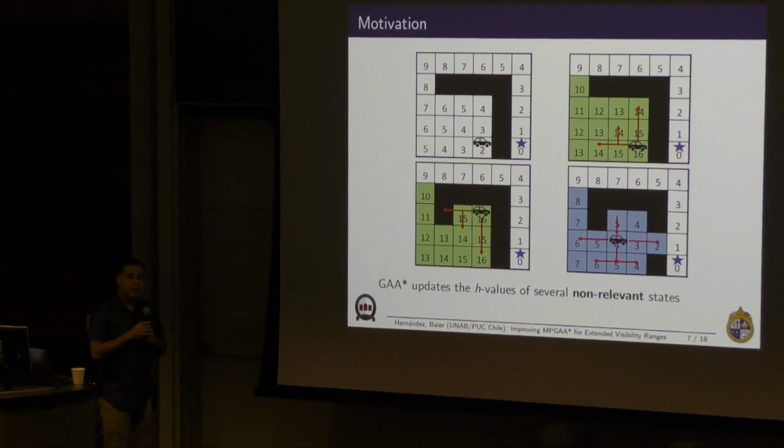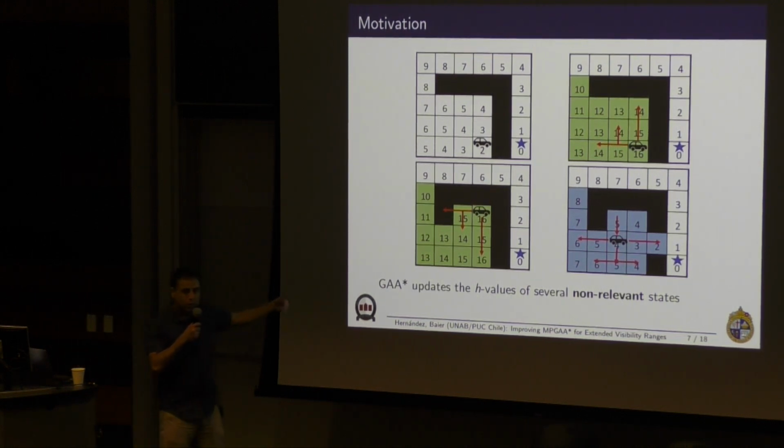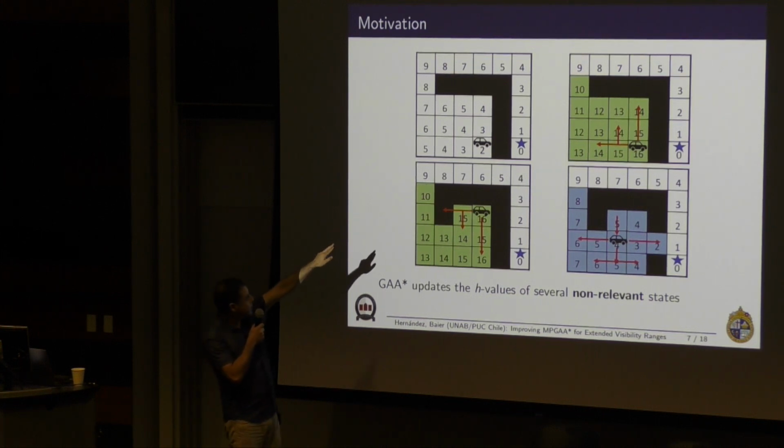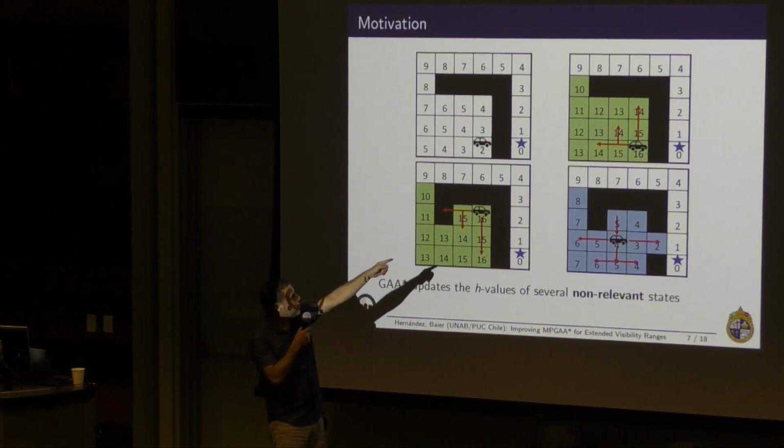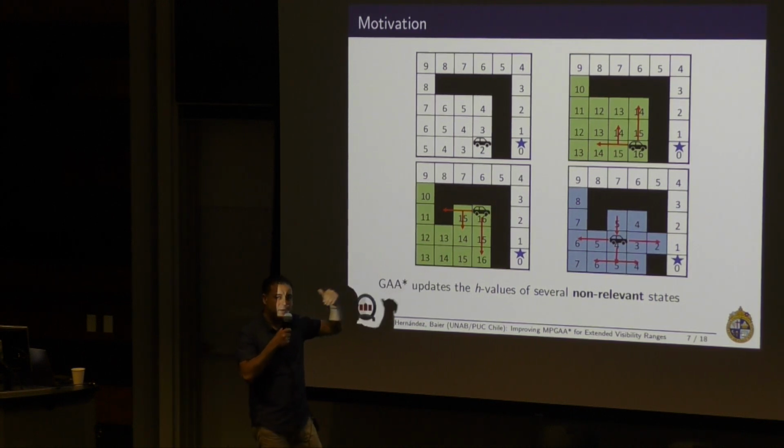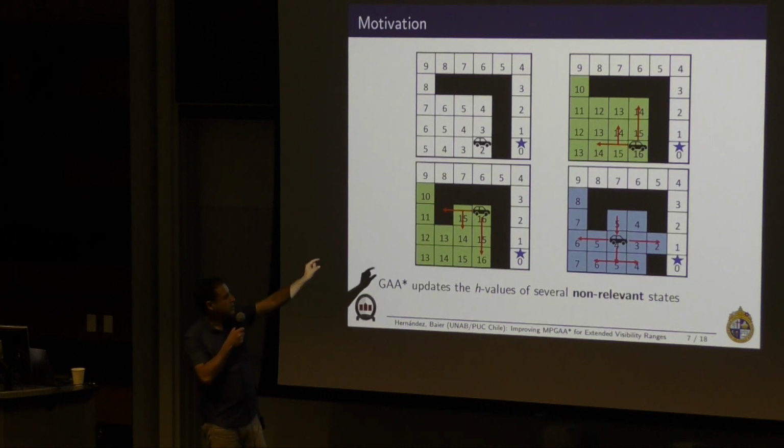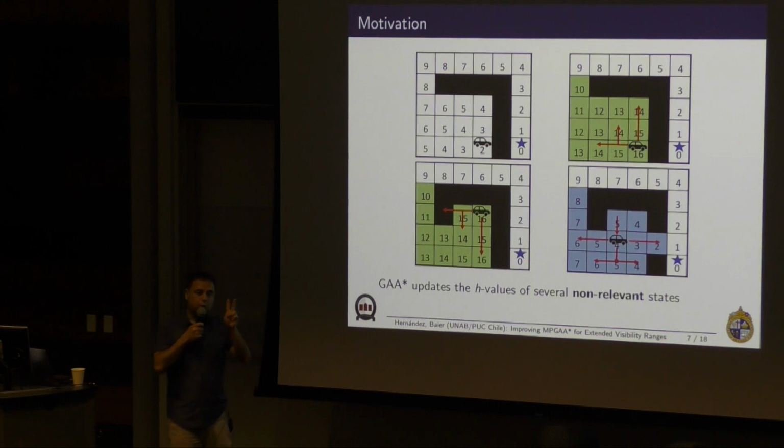And here we have the motivation. Now I'm going to present GAA star in action. The agent is in this cell, the goal cell is that cell, and the red arrows are the visibility ranges. In this case, the agent can only see 2 steps ahead.